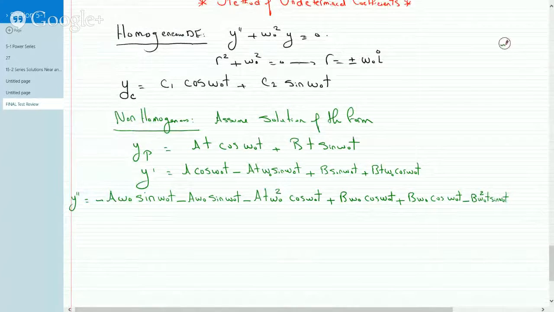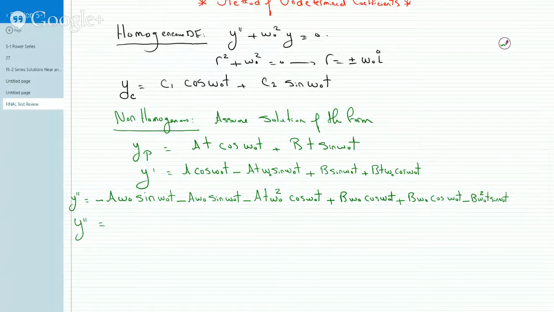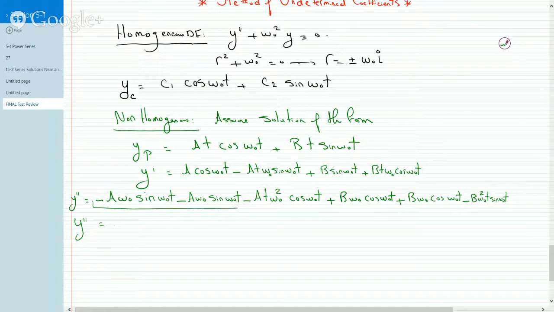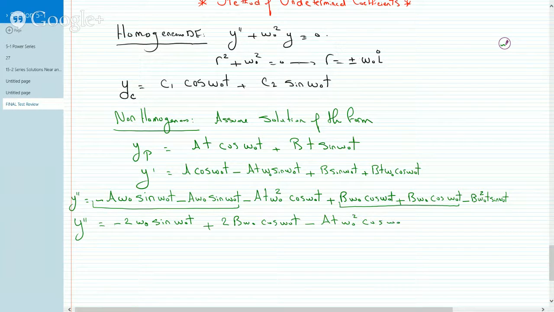So we get y double prime equals, these two sine terms here are like terms, so this is minus 2 omega 0 sine omega 0 t, and then these two terms are the same, so this is plus 2b omega 0 cosine omega 0 t, and then minus a t omega 0 squared cosine omega 0 t minus b omega 0 squared t sine omega 0 t.